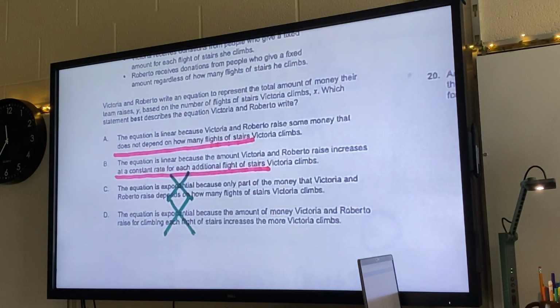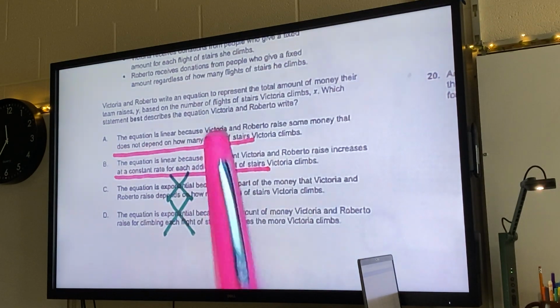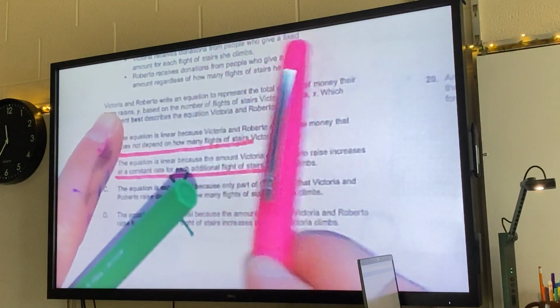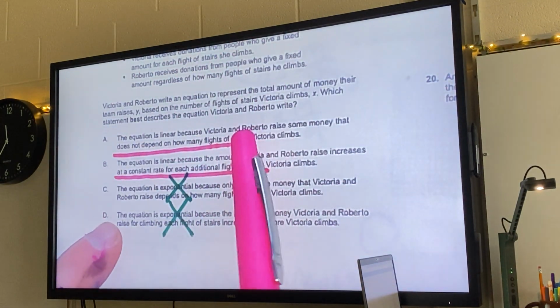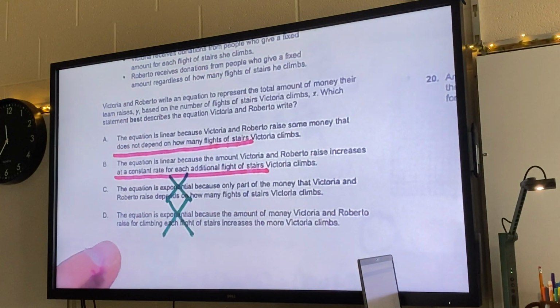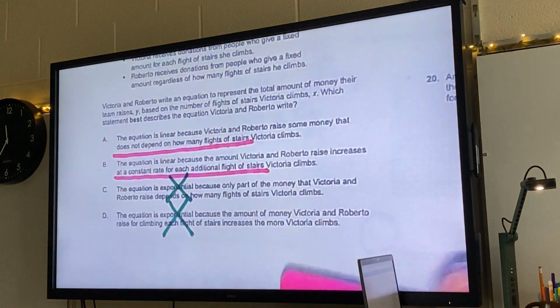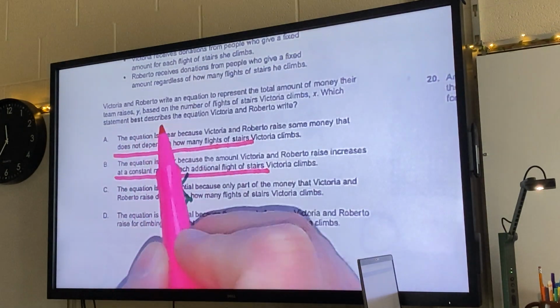So does it depend on how many flights of stairs? Yeah, because she's getting paid. Look, it says she gets donations for each flight of stairs. So does it depend on how many flights she climbs? It does, because the more she climbs, the more money they get. So A is wrong, because it says does not depend.